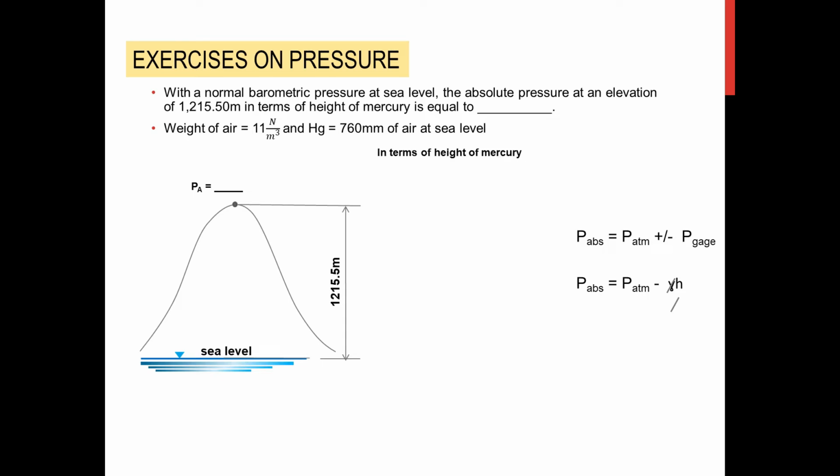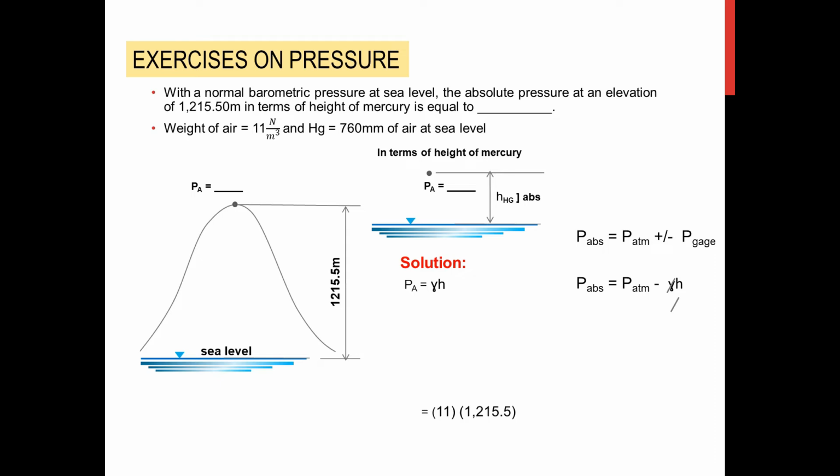First, in terms of the height of the mercury, there will also be an equivalent pressure at A given a height of mercury in absolute units. So this is actually the unknown in the problem. As a solution, we write PA is equal to gamma H initially for the gauge pressure.